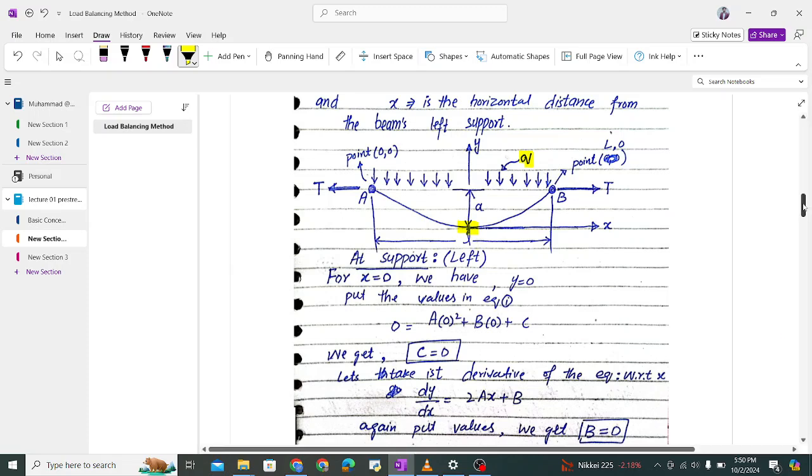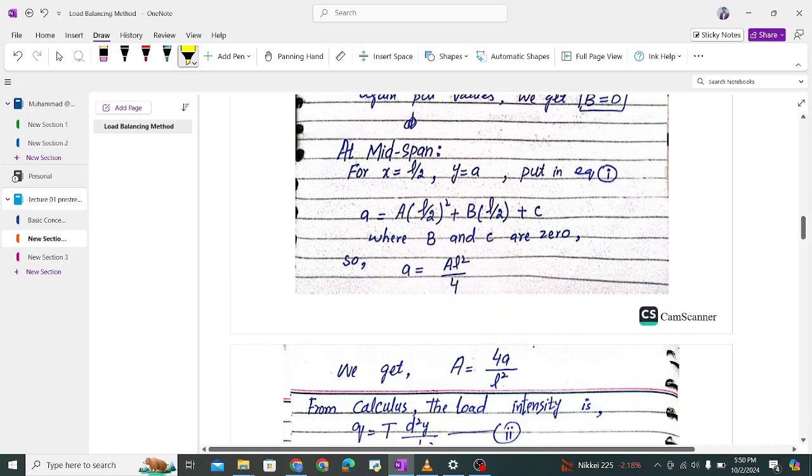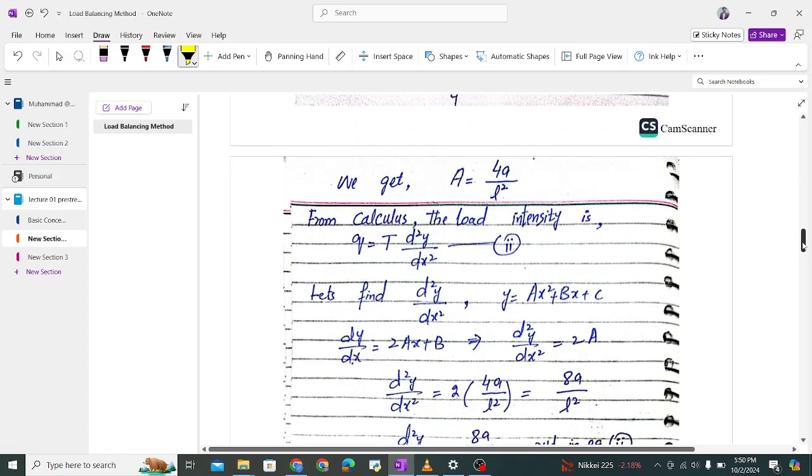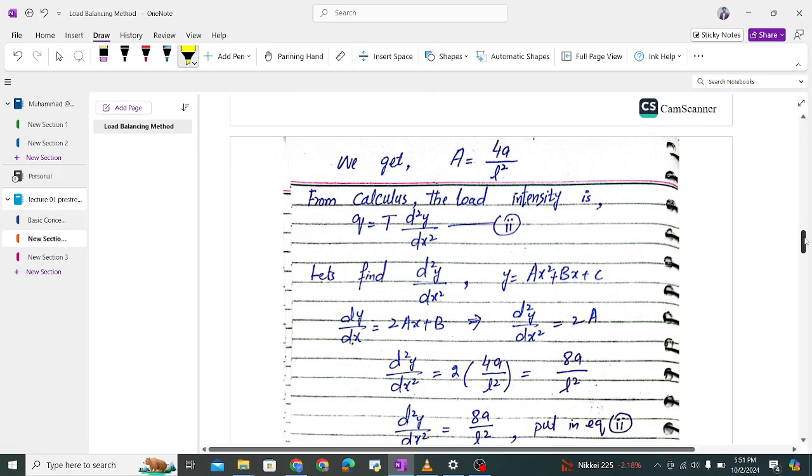So by putting these values in equation 1, we get a is equal to a into (L by 2) whole square plus b into L by 2 plus c. We already got b and c as 0. So by putting b and c as 0, we get a is equal to aL square by 4. So we got the value for the coefficient a is equal to 4a by L square.